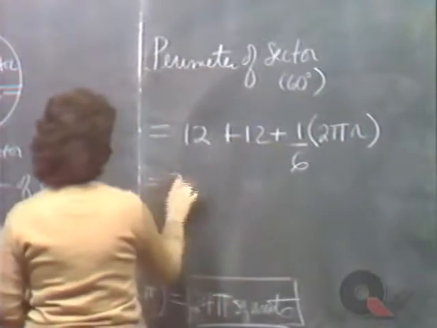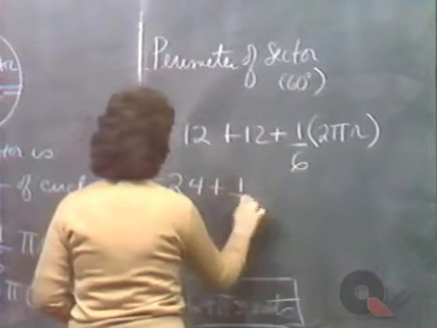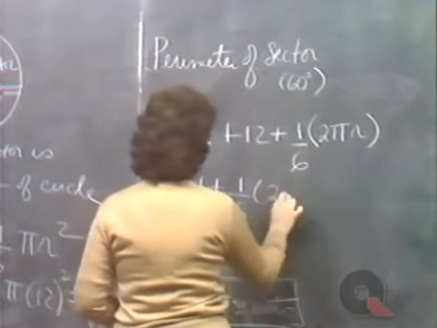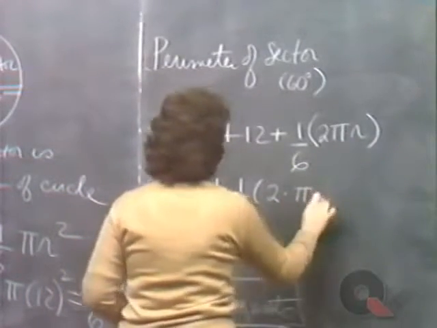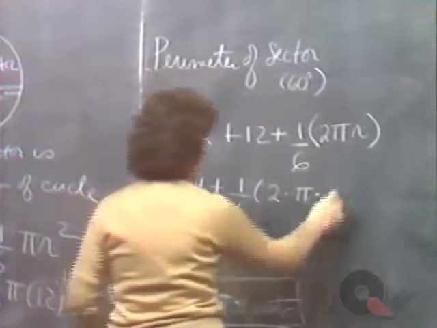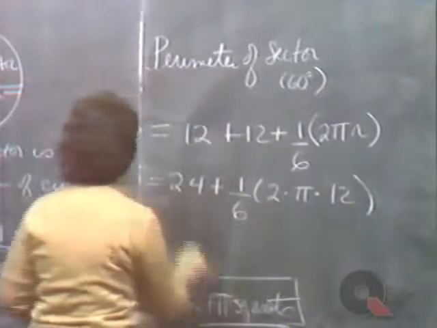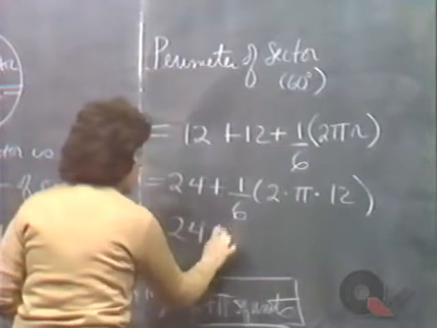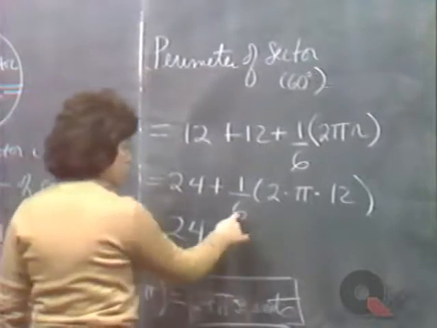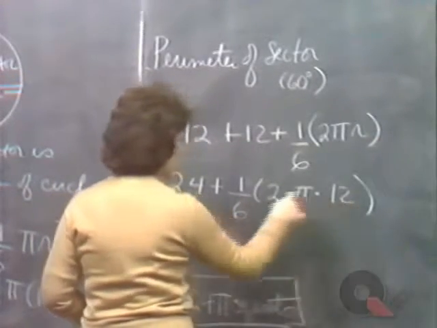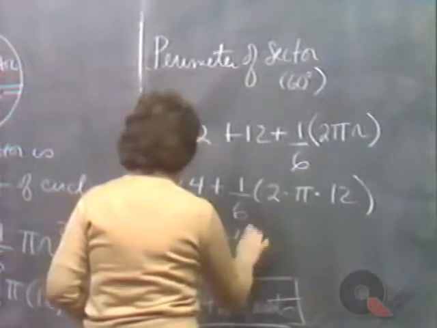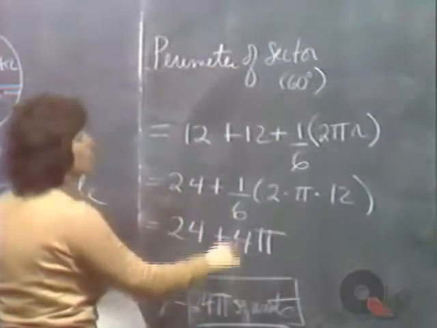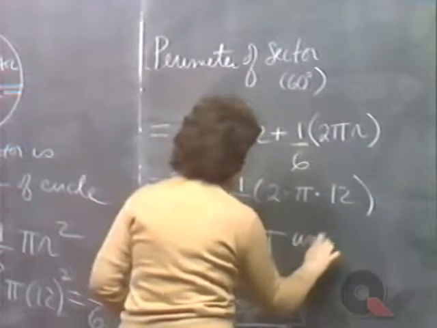So we get 24 plus 1/6 times 2 times pi times r, which is 12. That's 24 plus 6 into 12 goes twice. 2 times 2, that's 4. 4 pi. 24 plus 4 pi units.